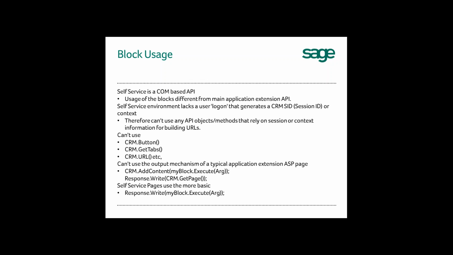And because the whole page architecture is different, because we don't have the navigational elements, we can't use the methods of add content and the get page to allow us to construct our pages. So we end up having to use a different, simpler form of simply generating the HTML of the page and then writing that out. So we use myblock.execute directly to write out the contents of the page.